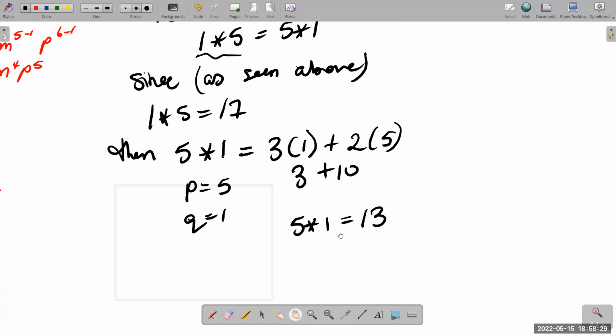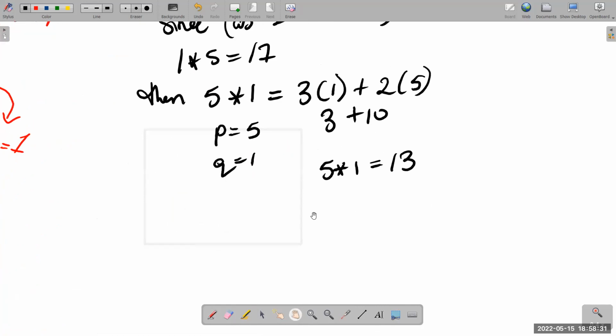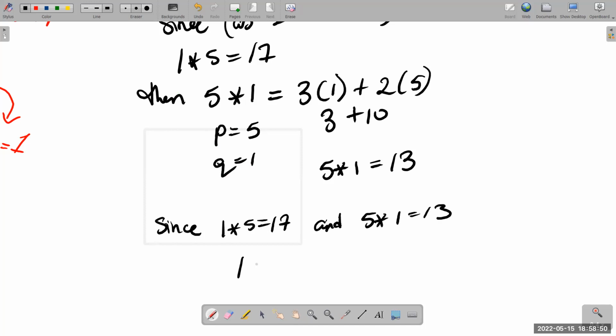What do you think my final sentence should say? Since 1 star 5 is equal to 17, and 5 star 1 is equal to 13, they are not what? They are not equal.